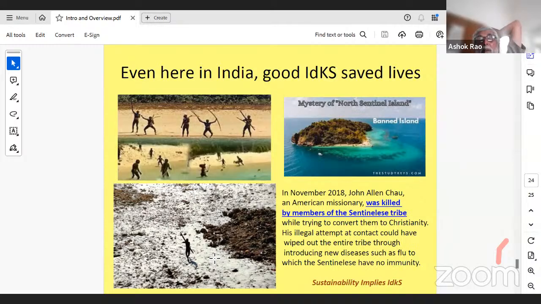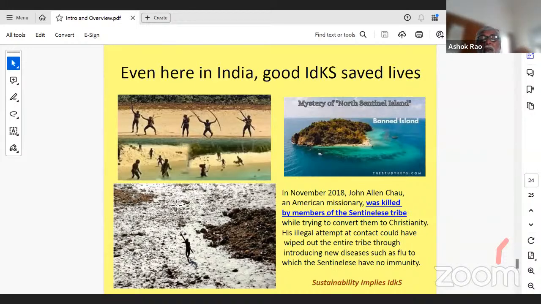And please remember one thing, their knowledge system is so accurate. In the tsunami, nobody died here. Only people died in the mainland of India, in Tuticorin and in Kadalur and Pondicherry area. People died because they had no knowledge of how to survive a tsunami. Whereas these people are experts in surviving a tsunami.